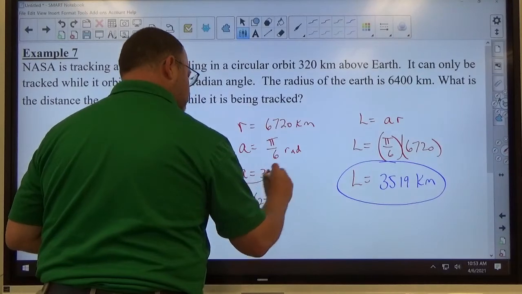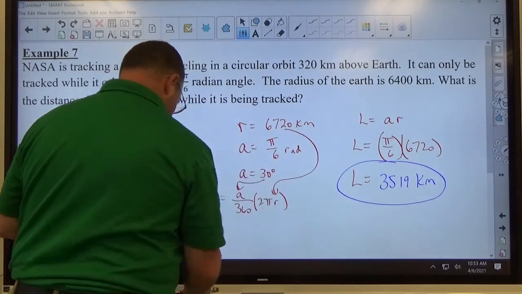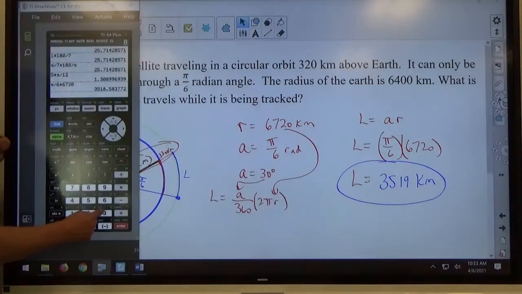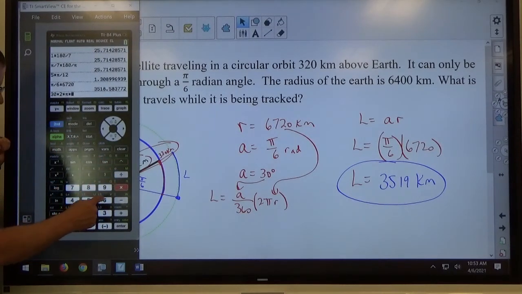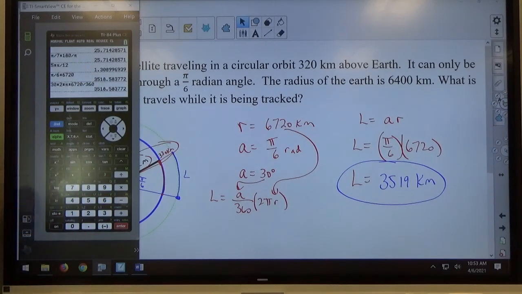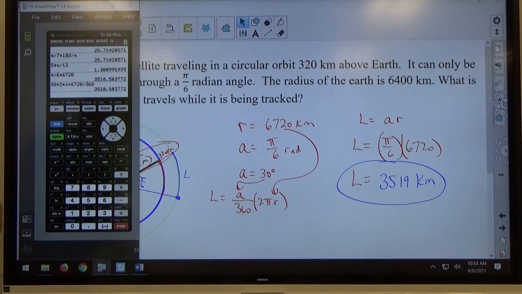So we put 30 here, we put 6720 there. So 30 times 2 times pi times 6720 divided by 360, the exact same answer because that's how far it travels. Again, depending on how they give you the angle, there's two different formulas to use. It's your job to pick the correct formula and then evaluate it correctly. So be careful that you're doing that properly.